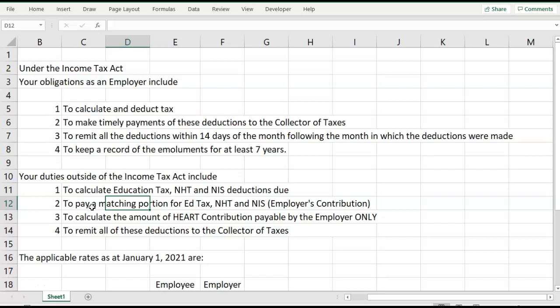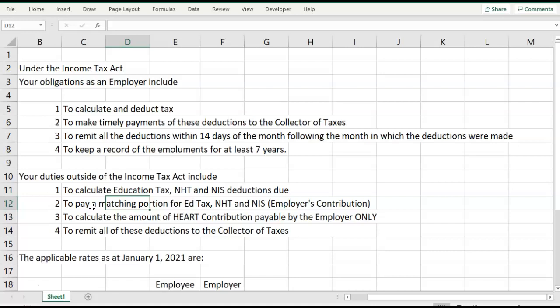Neither did they submit records to show that these employees had in fact suffered deduction on their salary. And so it is important as a future employee, if you're not one as yet, to check with your employer and to check with the NHT to ensure that your deductions are being paid over to the National Housing Trust.